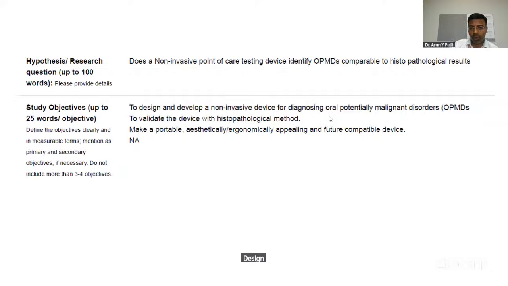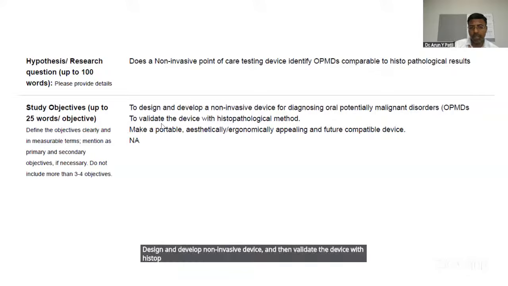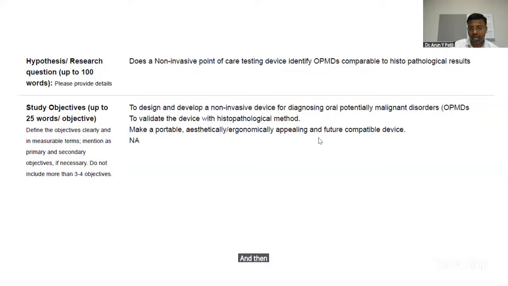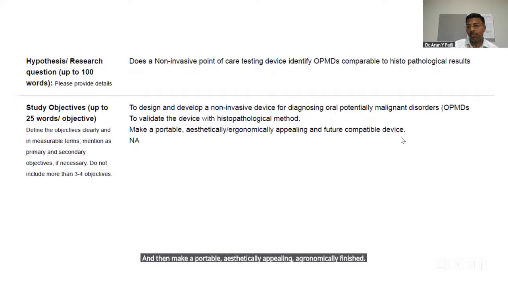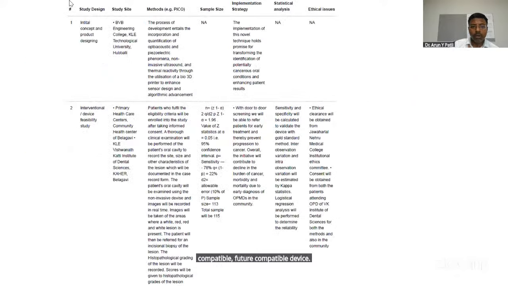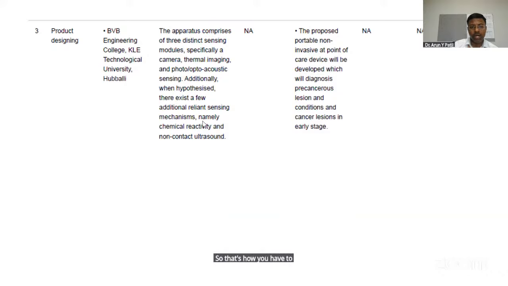Design and develop a non-invasive device, then validate the device with histopathological method, and then make a portable, aesthetically appealing, ergonomically finished, future compatible device. So this is a sampling which we are working with different institutes also under this. So that's how you have to narrate it, right?